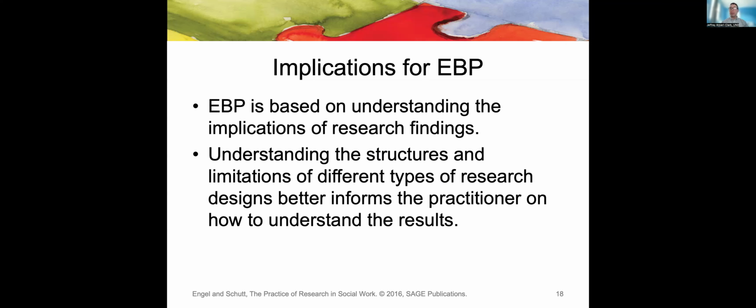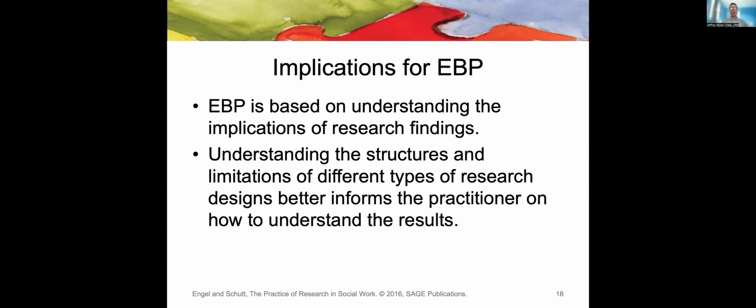Or maybe something in the middle, maybe how you take those findings and what you do with them, and which of your clients you can reasonably say, okay, these findings might help my African American clients, but might not be so good for my Asian American clients or my white clients.